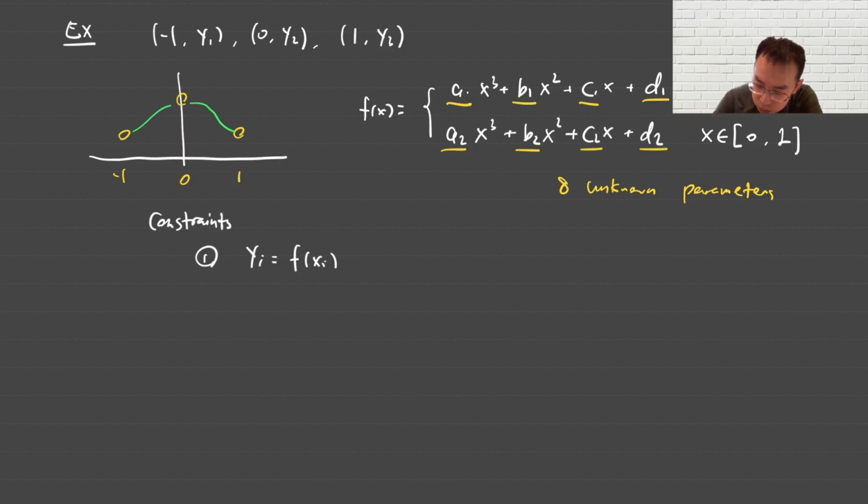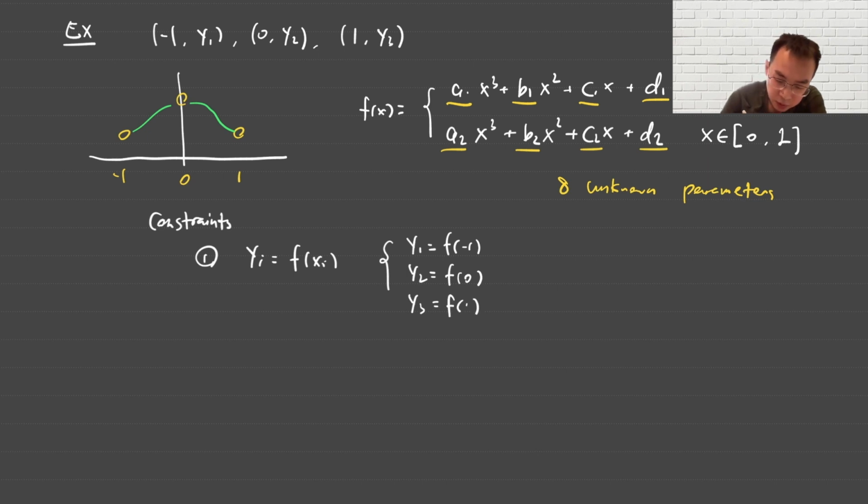We have 3 data points. So y1 equals f of -1, y2 equals f of 0, y3 equals f of 1. This gives us 3 equations. The first is minus a1 plus b1 minus c1 plus d1 equals y1.